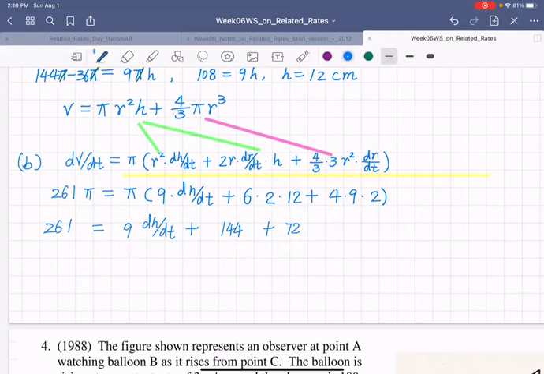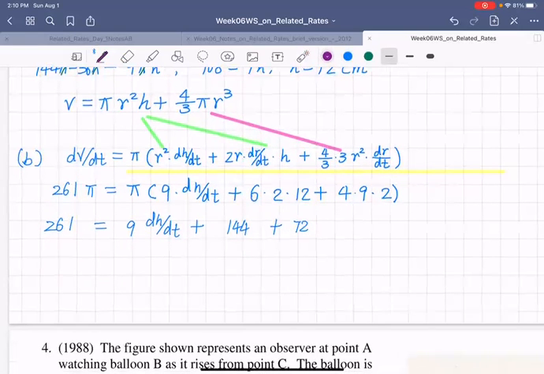Let's divide it by 9 for each term. This one divided by 9, how much? That would be 29. Correct.